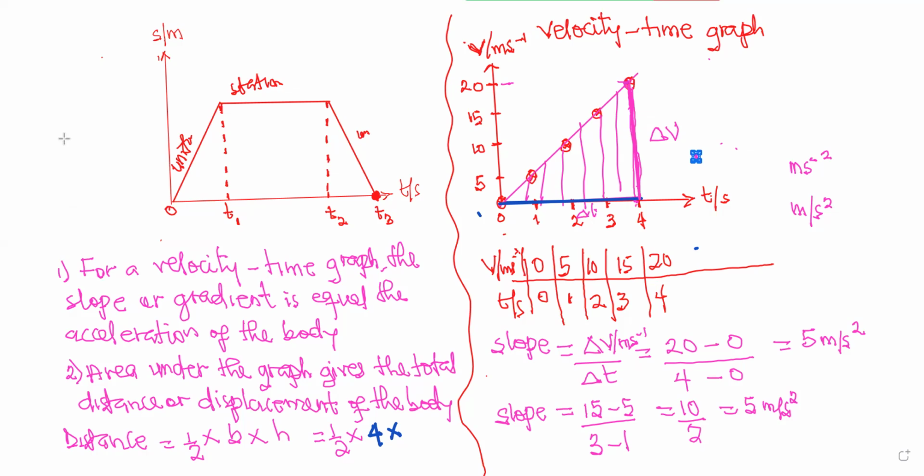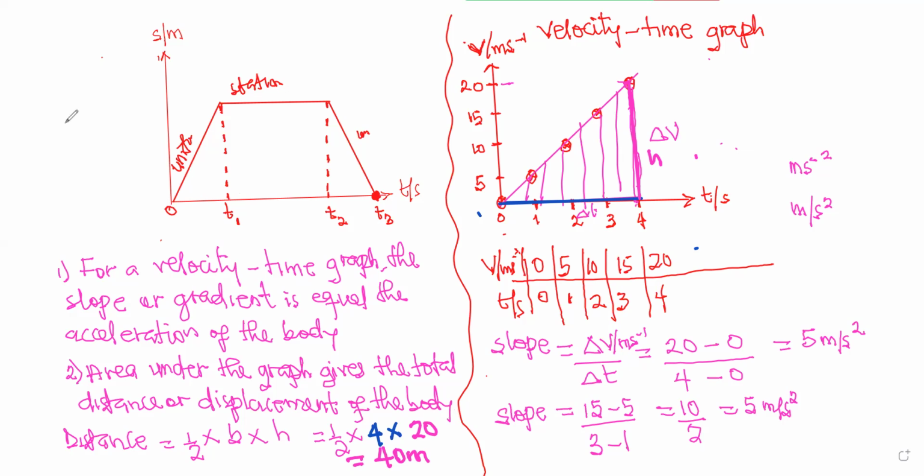There's the height. And the height is 20, so times 20. Meaning the total distance traveled here is equal to 40 meters. So the area under the graph also gives you the total distance or displacement of the body.